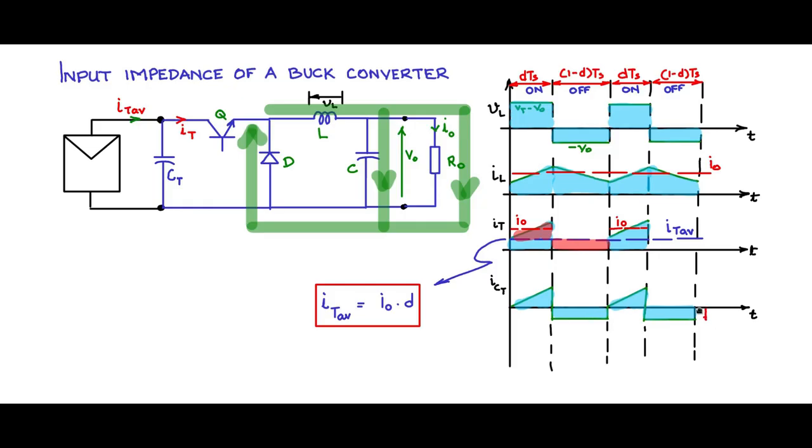This height down will be same as this height, and that is IT average. So if you connect the capacitor in this fashion, then you can ensure that a current equivalent to IT average is continuously flowing. A DC current is flowing here such that peak power is being drawn from the PV module at all times, and when IT doesn't flow, when Q is off, it is being dumped into the capacitance, and the capacitor is acting as an energy buffer.